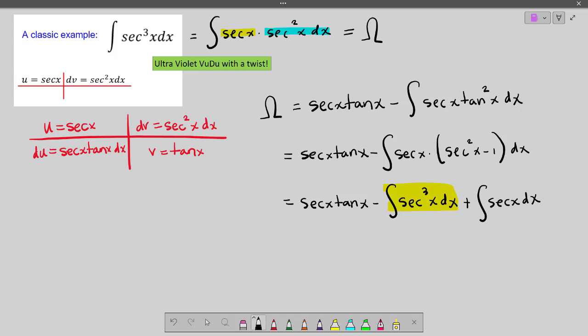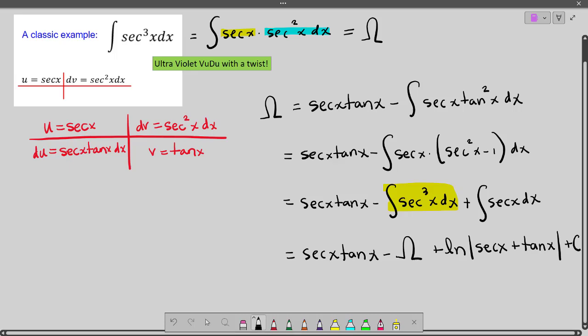So we call the original integral omega, so that allows us to do this. So this is going to be minus omega. And we know already, we've done it a couple times today, that the integral of secant is the natural log of secant plus tangent, absolute value. And I'm going to put in a plus c right here because we just did that indefinite integral.